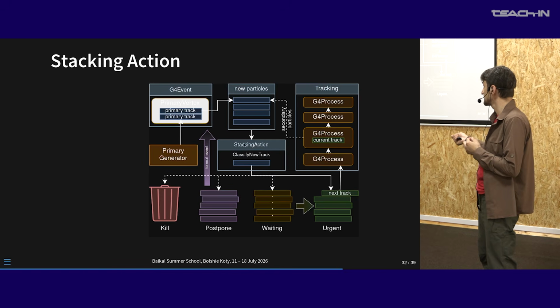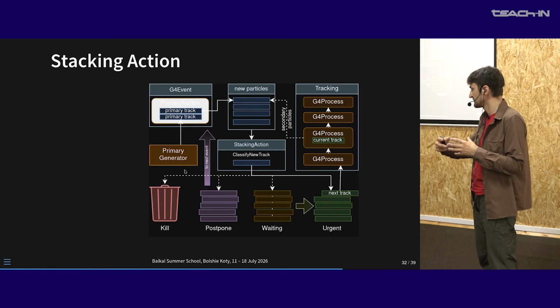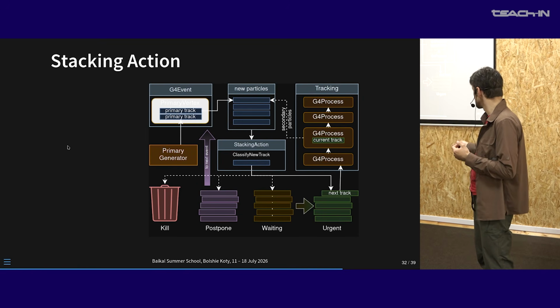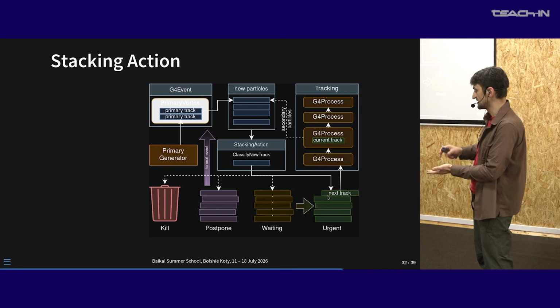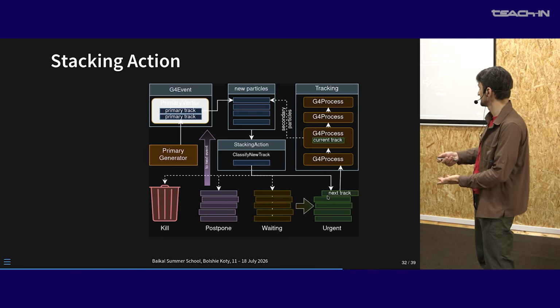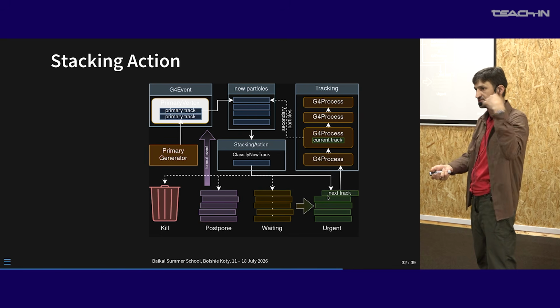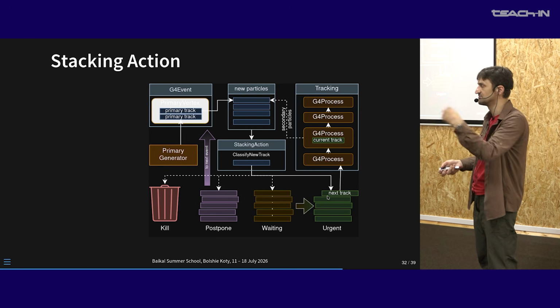It classifies a new track and it can put it into one of the 4 stacks. So the stacks are like literal stacks, like a deck of cards, in a sense that you put something on top of it and you take it last in, first out.